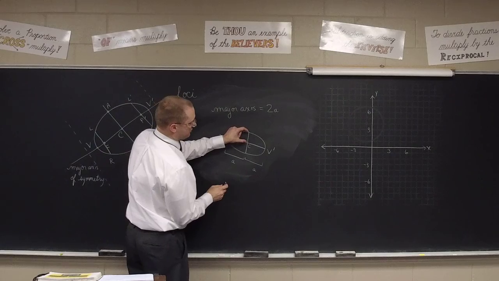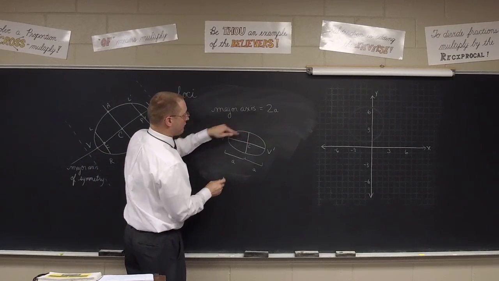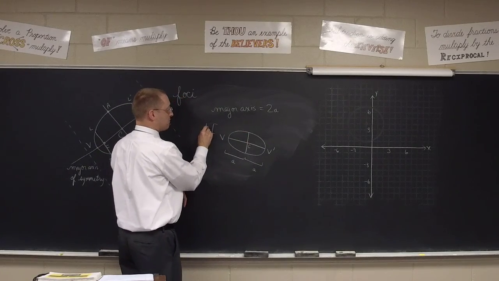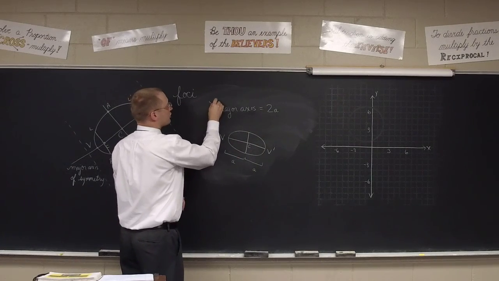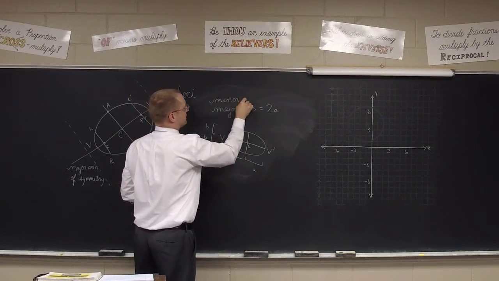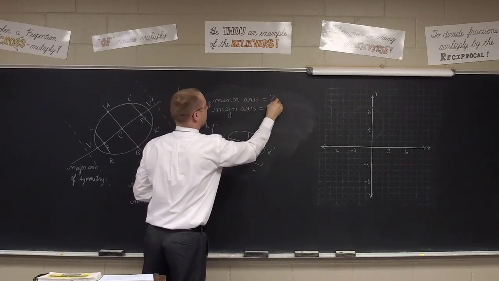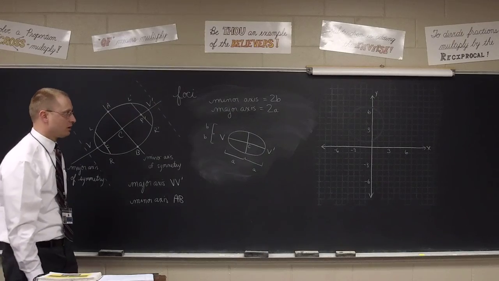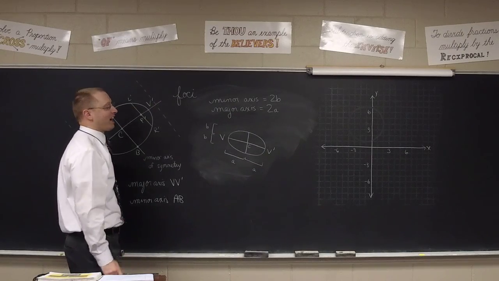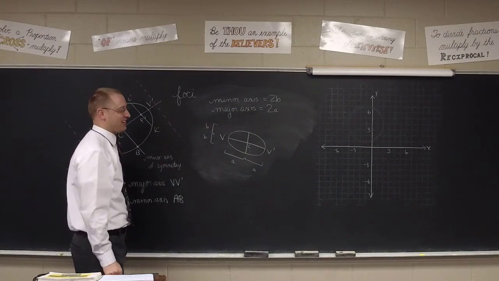We could represent from the center up to one end of the minor axis as B, and of course from the center to the other end of the minor axis as B. So the length of the minor axis is 2B. We'll spare the joke. All right, so 2B is the length of the minor axis.